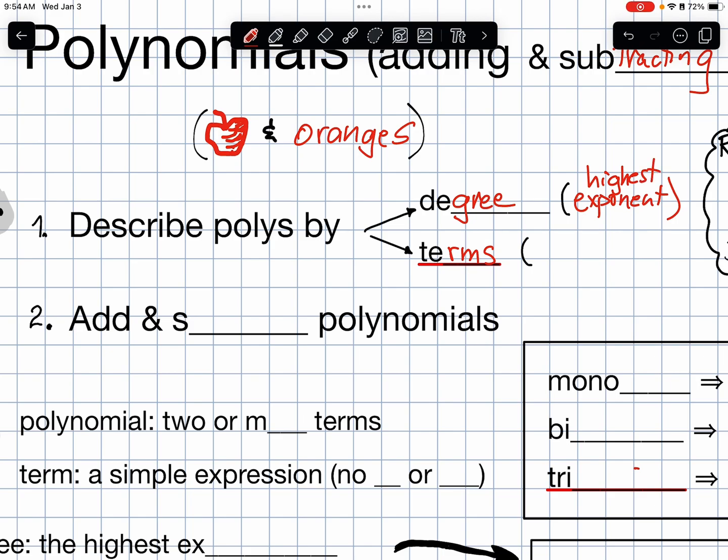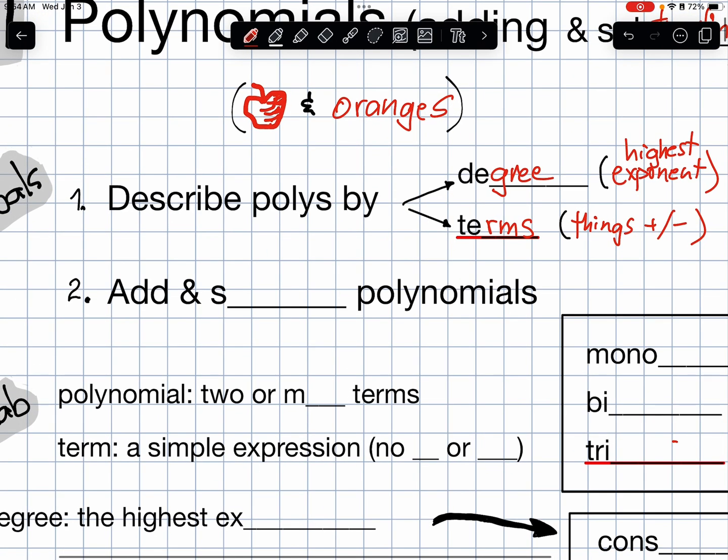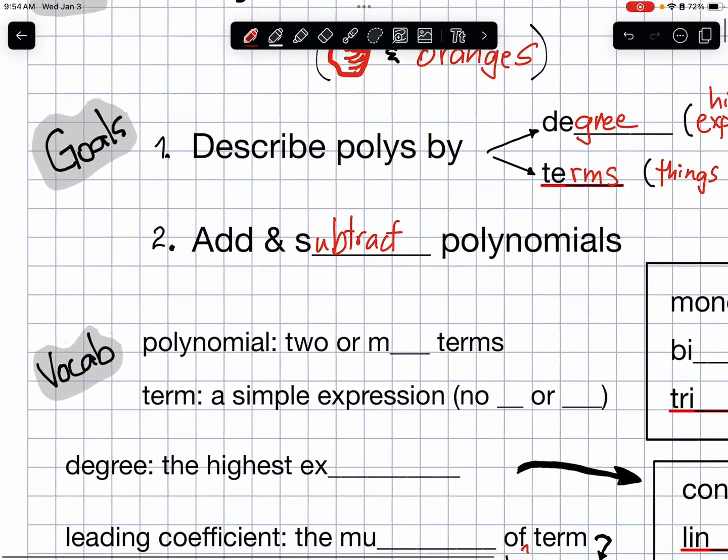And then the number of terms, the number of things that you're adding up or subtracting up in the problem. So how many items are there in your polynomial? Again, the other goal is that you know how to add and subtract polynomials.